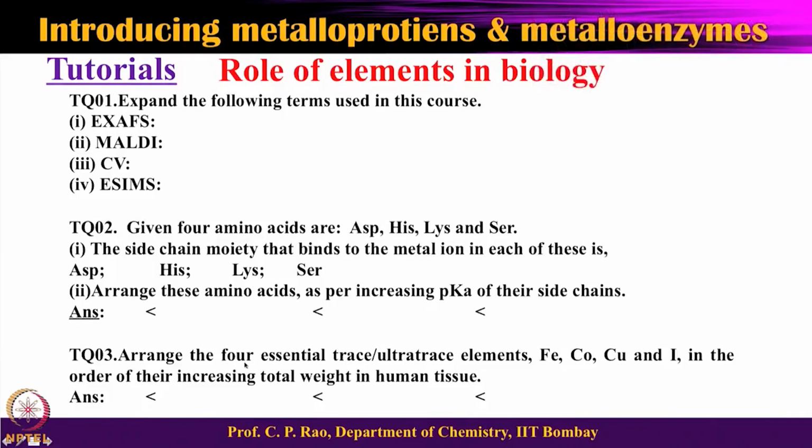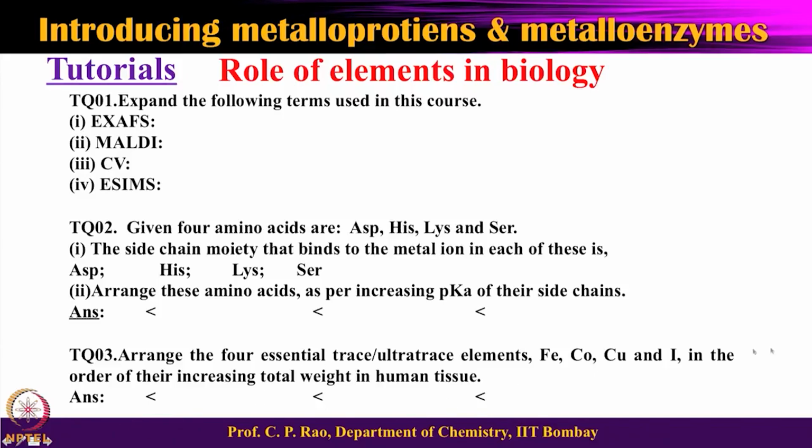Okay, go to the next query. This is something to do with the essential trace elements. I gave how much of them is present for a particular body weight, etc. So, based on that, these are all essential trace and ultra trace elements: iron, copper, cobalt, iodine, etc. So, this you can easily make out.